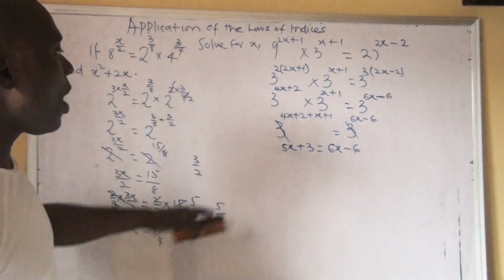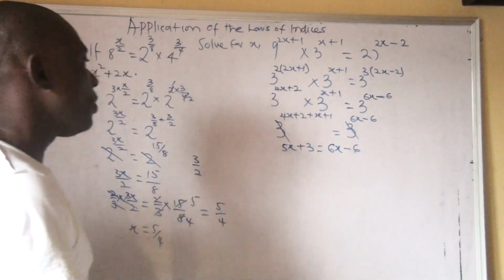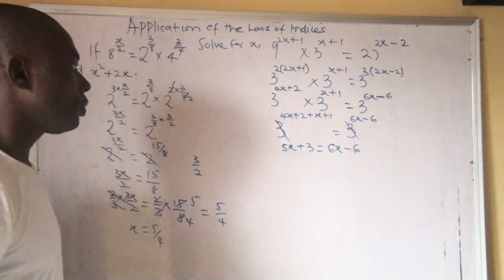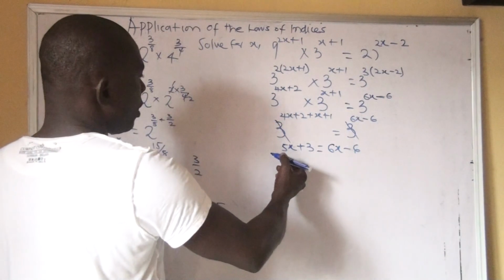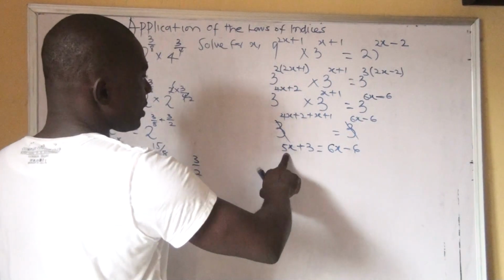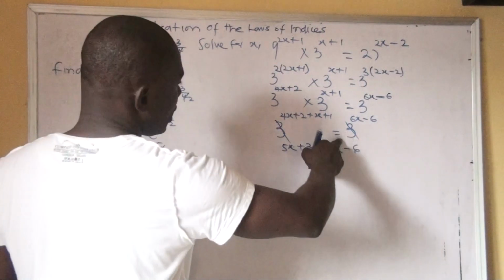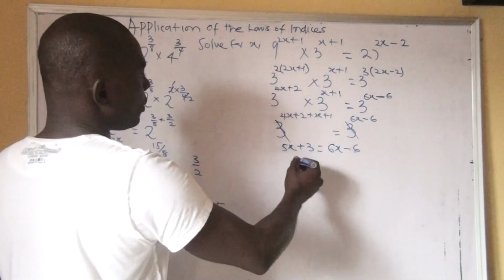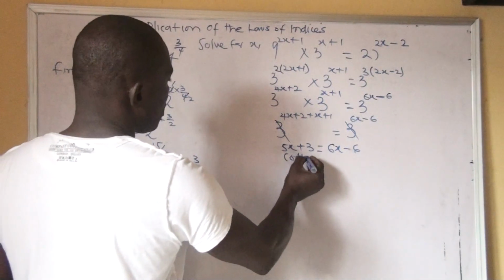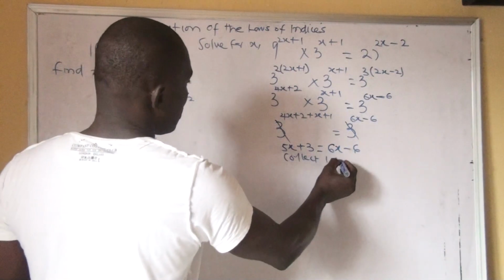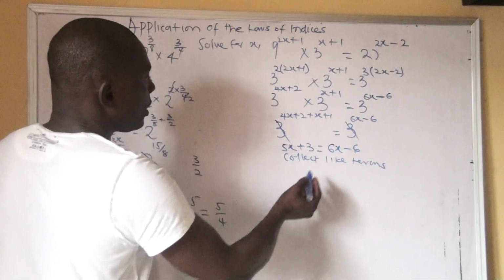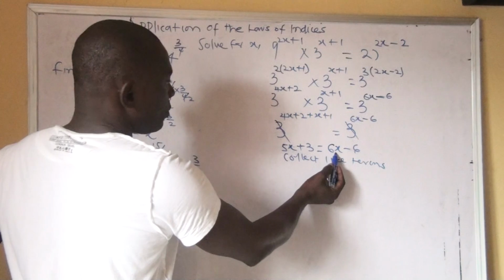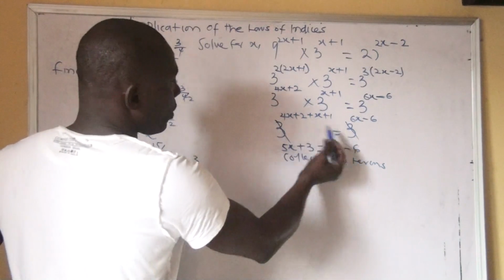So this is now a linear equation. We need to collect like terms here. This is 5x, we move this way, and minus 6 will come this way. So we collect like terms. Here, 6x is bigger and 5x is smaller, so let the smaller one move this way.